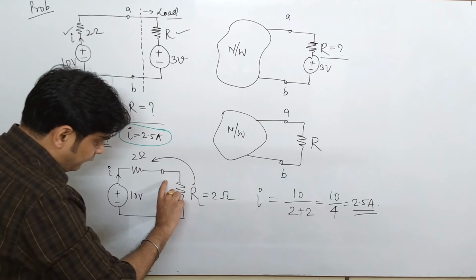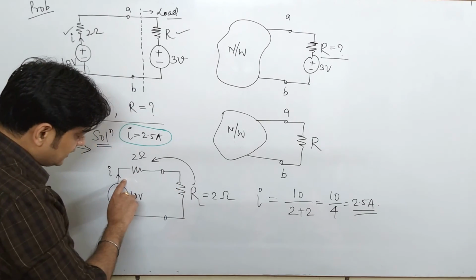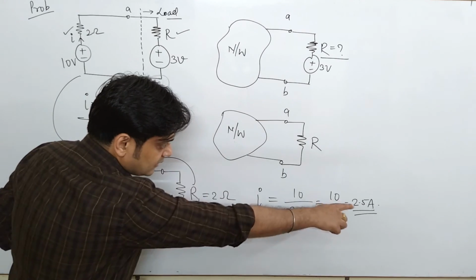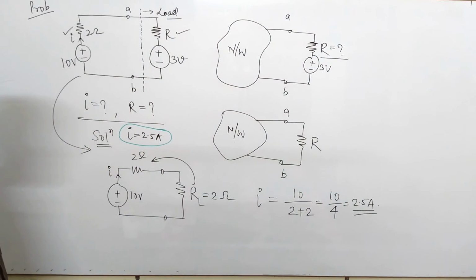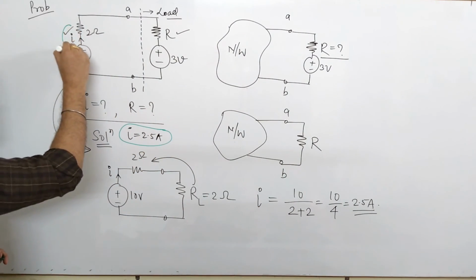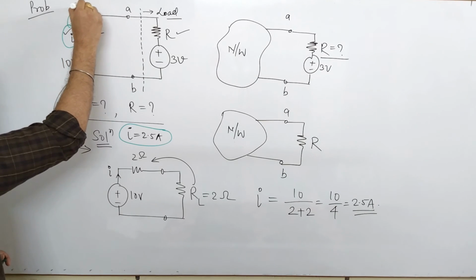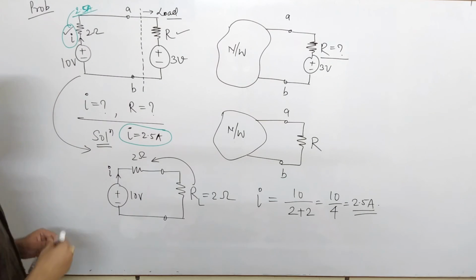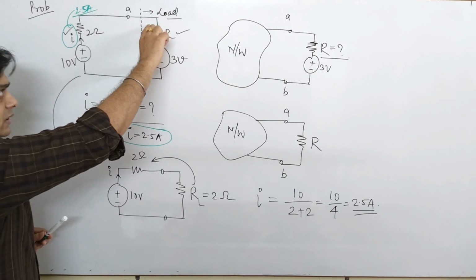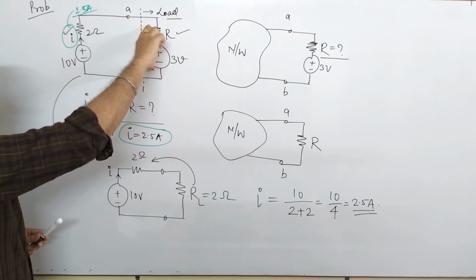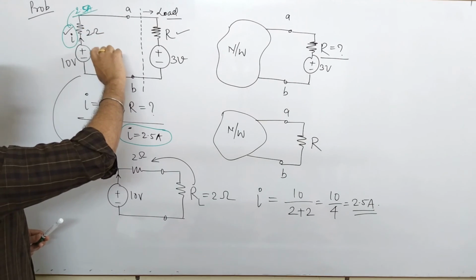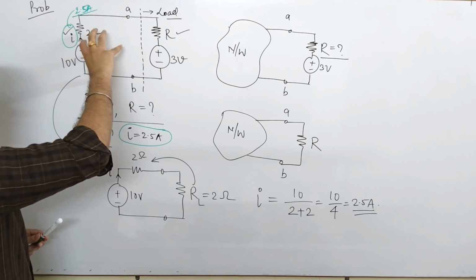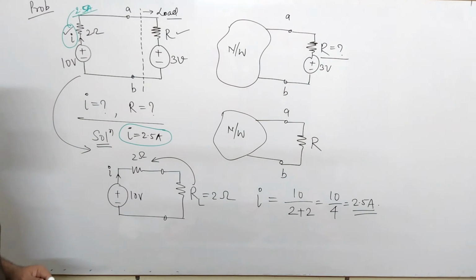So if you put 2 ohm here, you can easily find the value of I, and the value of I is 2.5 ampere. This is the current which flows, and this is your load. In this condition, when this 2.5 ampere flows in the circuit, it delivers maximum power to the load.